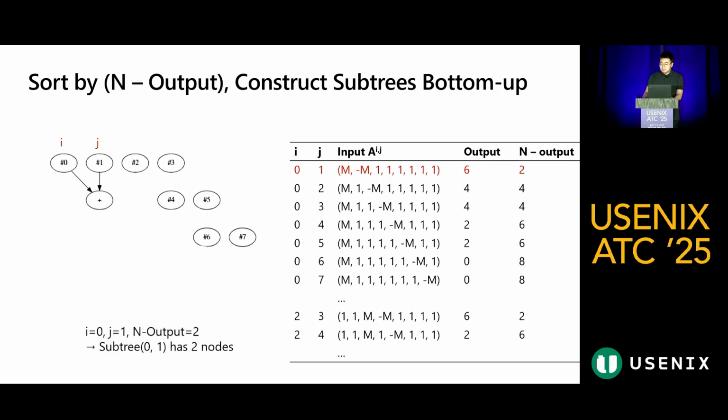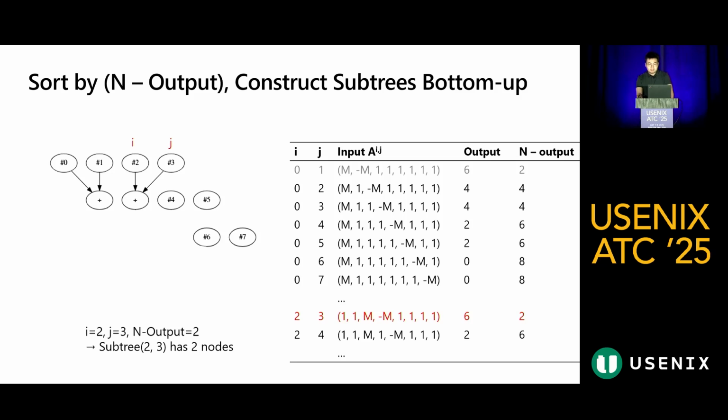Then, examining the smallest value in n minus output, we have n minus output equals 2 for i equals 0 and j equals 1. This implies the subtree rooted at the LCA of node 0 and 1 should have 2 leaf nodes. Since the summation tree is a full binary tree, node 0 and node 1 are exactly the 2 children of the root of this subtree.